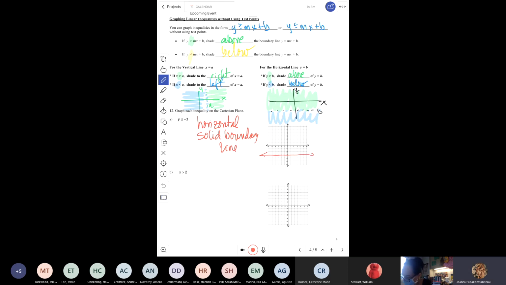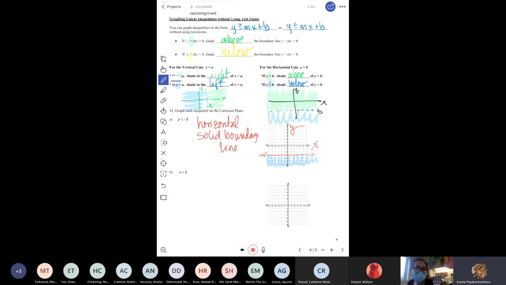So there's my boundary line. Now, am I shading above or below? I'm shading below. Is my graph done? Label your axes.